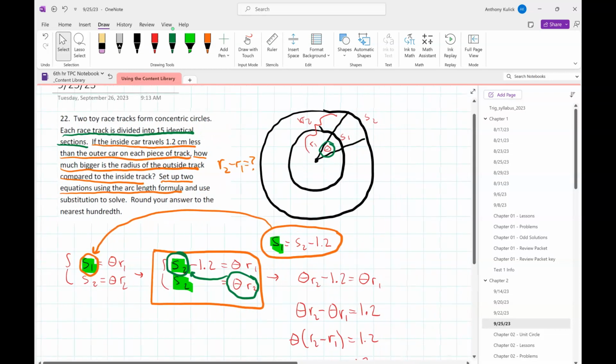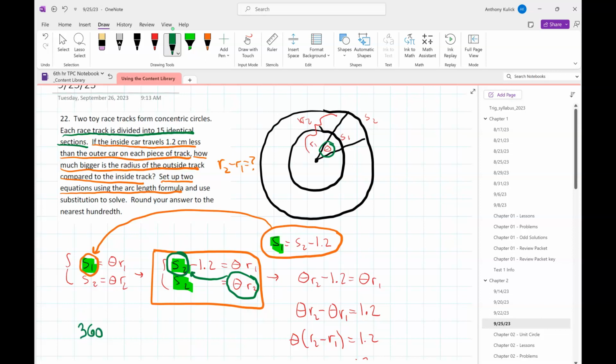So how far is theta, or how far is the whole circle? 360. But if I use the radian formula, 360 in radians is just 2 pi, right? Everybody's okay with that?